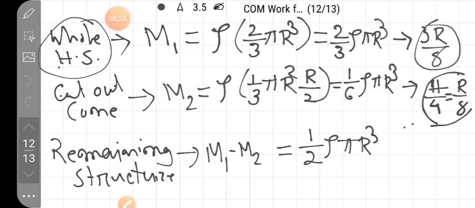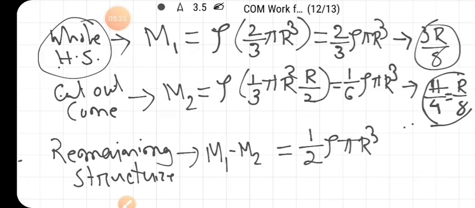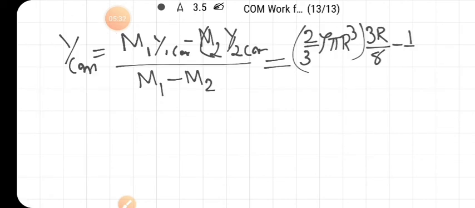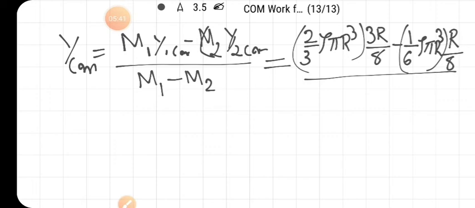We found the mass to be 1 by 6 rho pi r cube, and the center of mass will be r by 8 above the base. So minus 1 by 6 rho pi r cube into r by 8, by m1 minus m2. We have calculated that as 1/2 rho pi r cube. So everywhere this rho pi r cube can be taken outside.